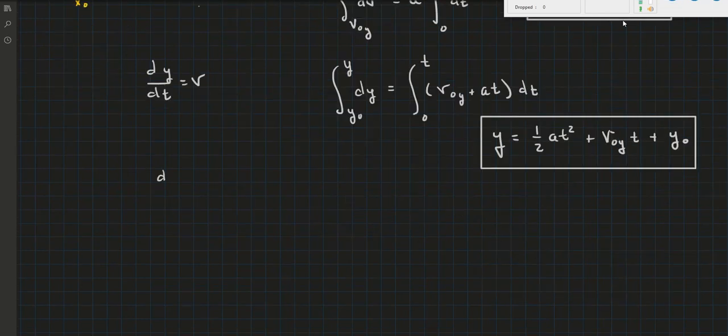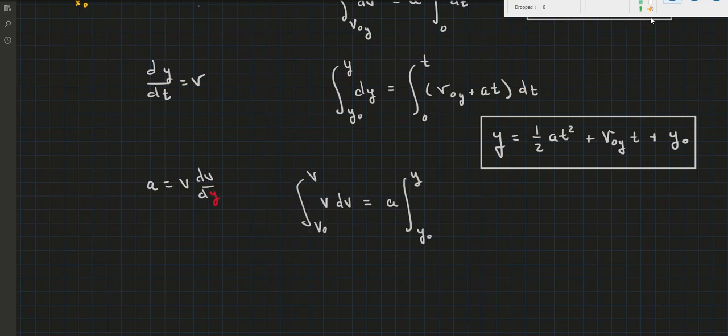And then also from acceleration equals v dv dx. I'm not going to put the integration up here, just put our end result. Actually, I guess I'll put the integration up. And we want to use dv dy here because we're only looking in the y direction.